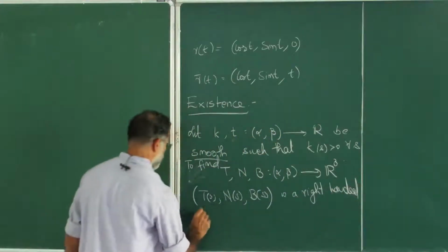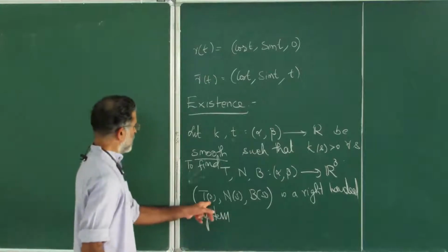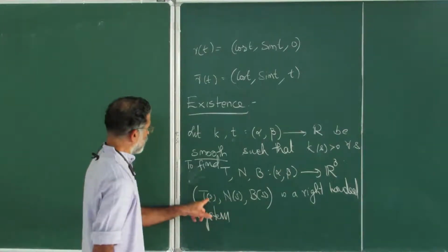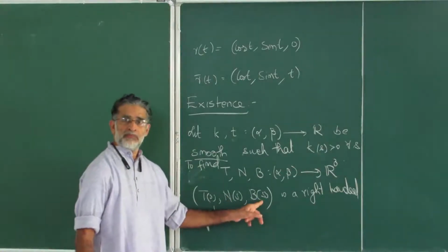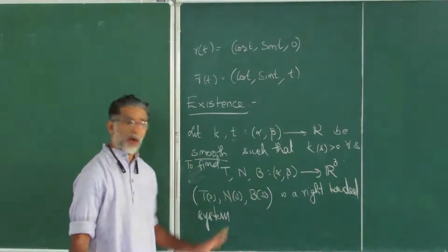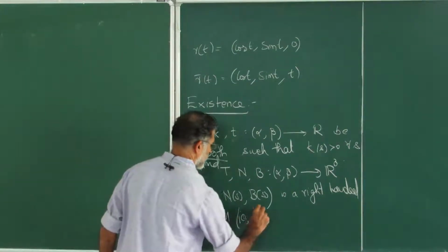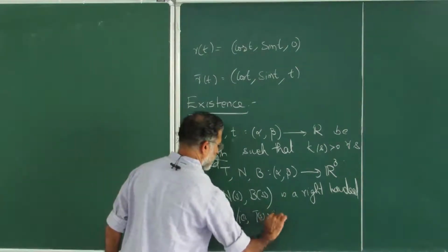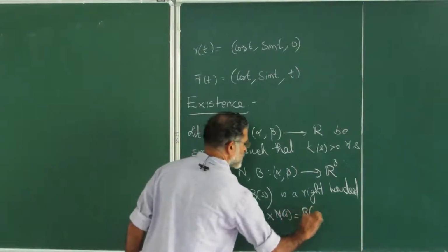And that system, I'm just calling it, that means T cross N must be equal to B at every point. That is, I can write that: T(S) cross N(S) is equal to B(S).